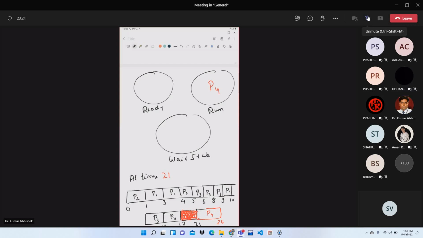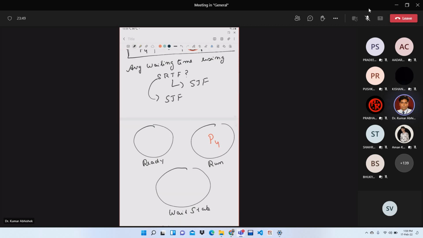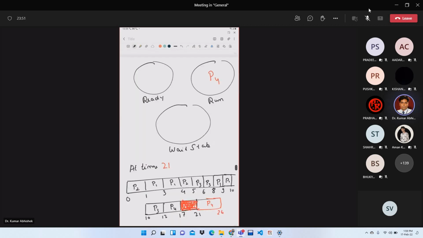Remember the difference between SRTF and SJF? When one by one processes come, it will go for preemptive. When all processes are available, it will go for non-preemptive SJF. So that is why at time 6, P3 is continued.